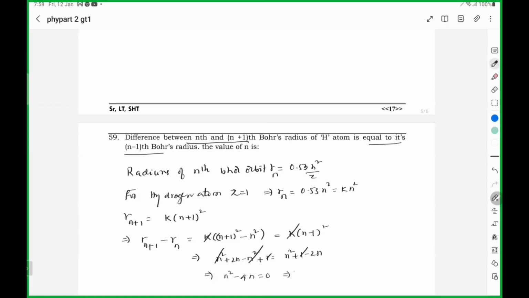Here you get n into something, and n can't be 0. So the value of n is 4.